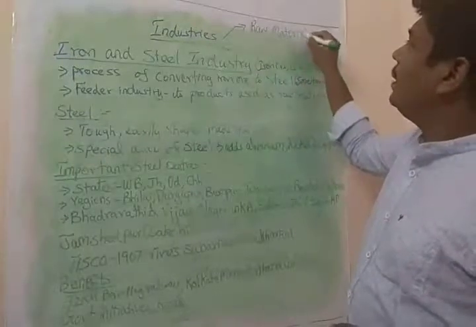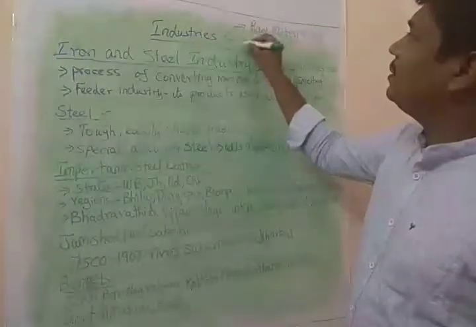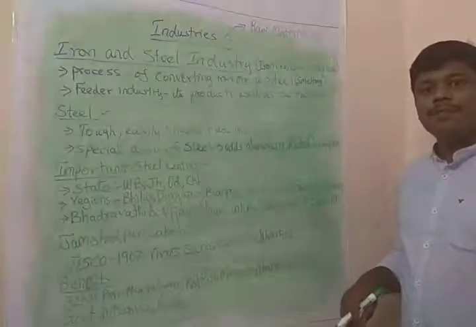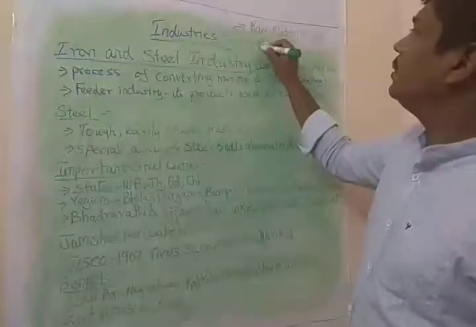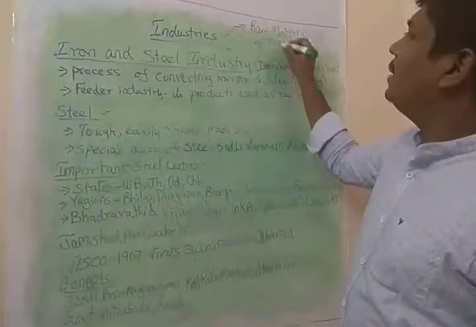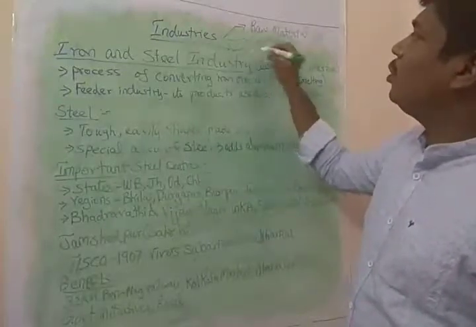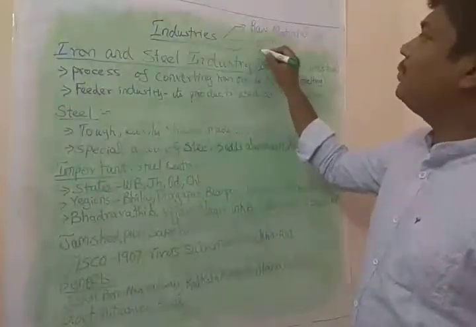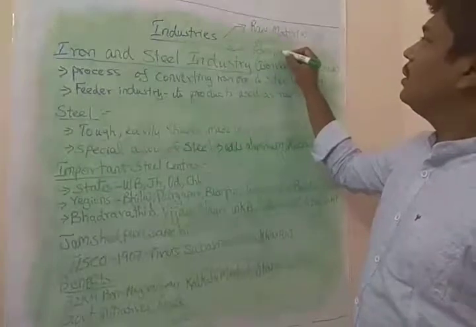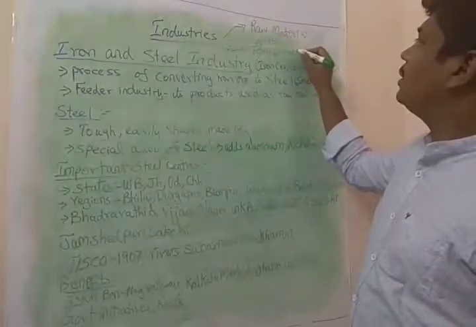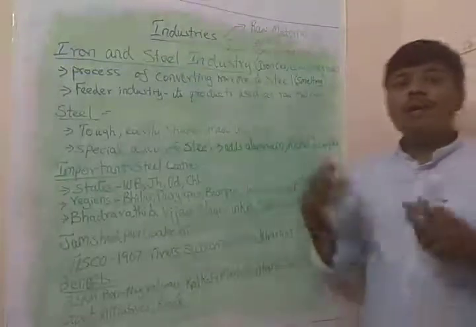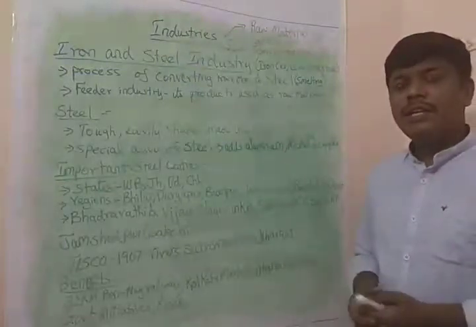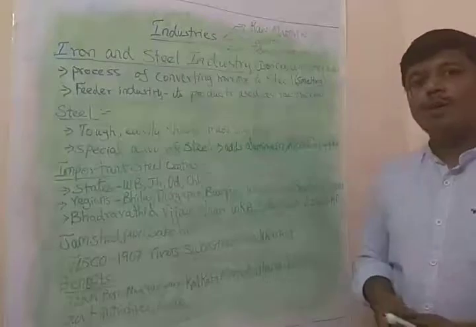And the second thing is capital. And the third thing is that the finished product should go, so transportation, right ma'am? Transportation. So in this iron and steel industry, what raw material do we need ma'am? We need iron ore as the raw material, right?